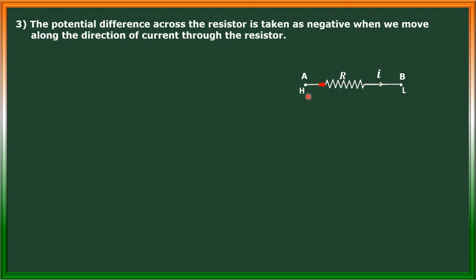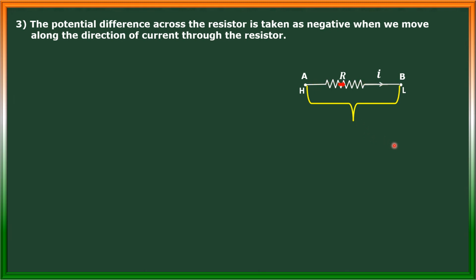Here H denotes higher potential, L denotes lower potential. So the point A is at higher potential, the point B is at lower potential, and the potential difference across the resistor is IR.